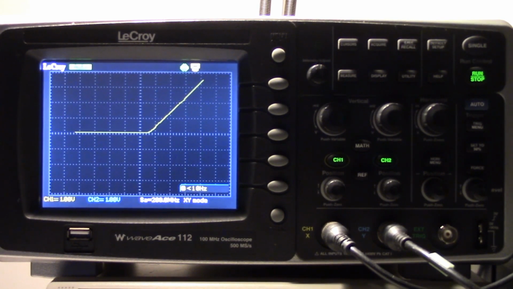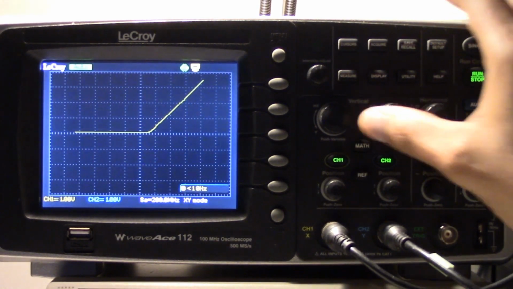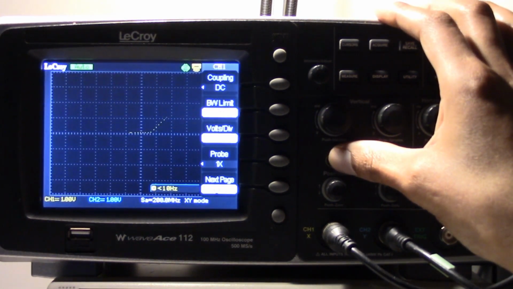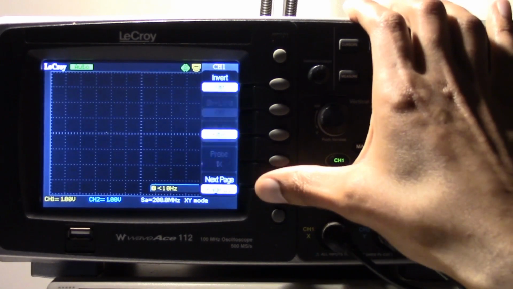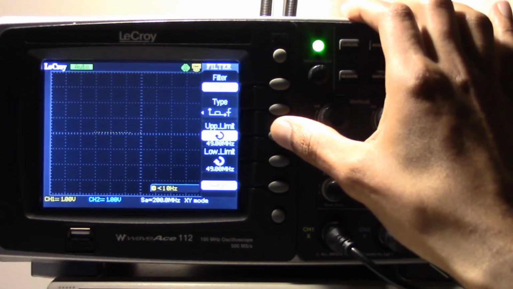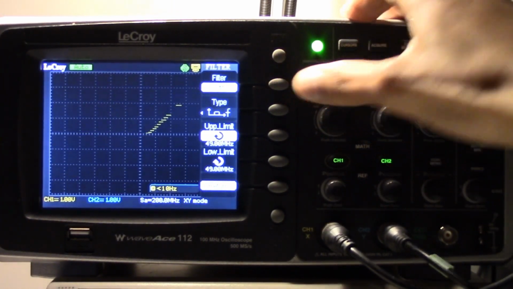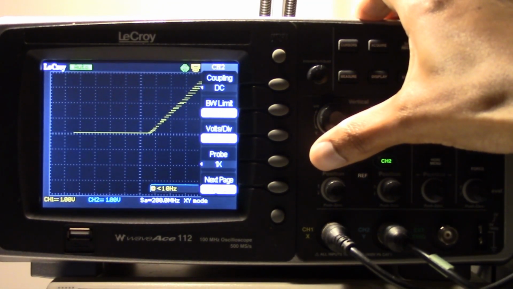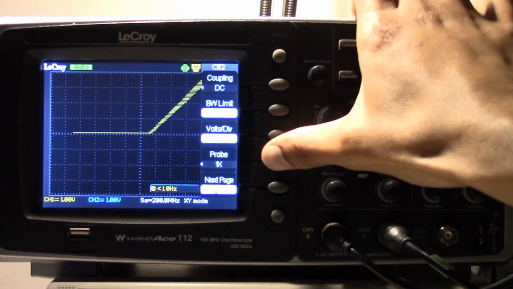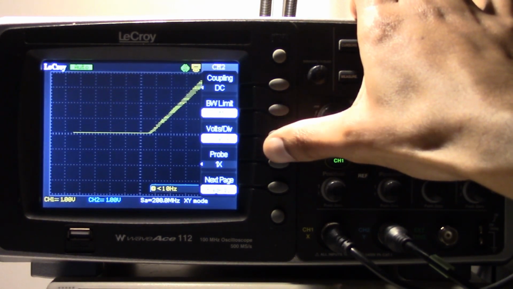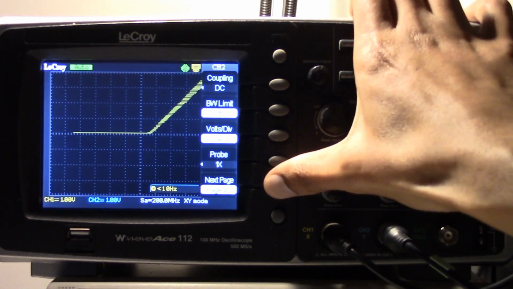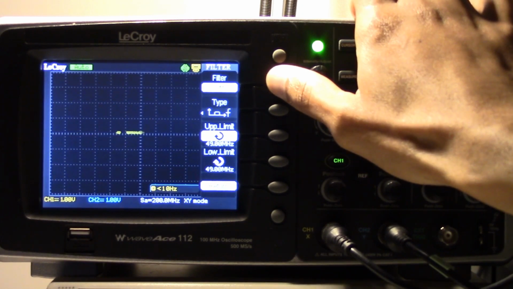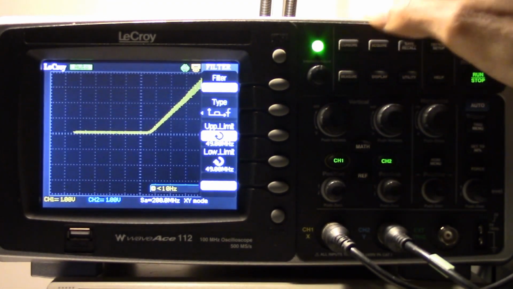The only other thing I wanted to point out is that if I turn my filter off, I want to demonstrate what that's going to look like. You have to do it for both channels, and it is symmetrical for both. So go to the filter for channel 2, turn that off as well, and that's what it looks like.